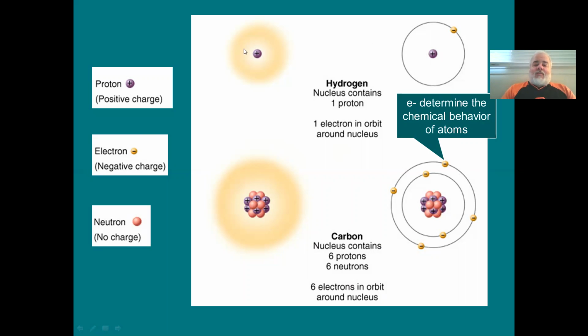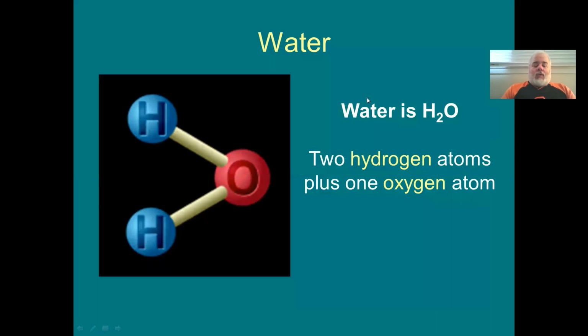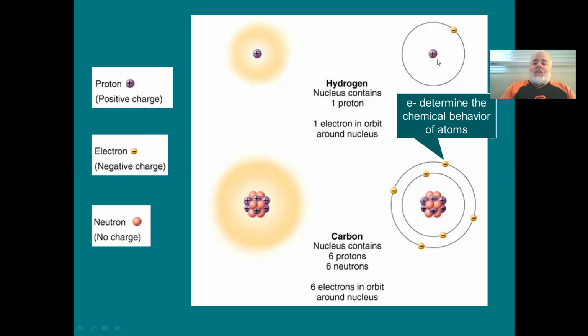The simplest of all atoms is a hydrogen atom. It is just 1 proton surrounded by 1 electron. Now, hydrogen does not exist in this form. A single hydrogen atom is so highly reactive, it would never exist like this.